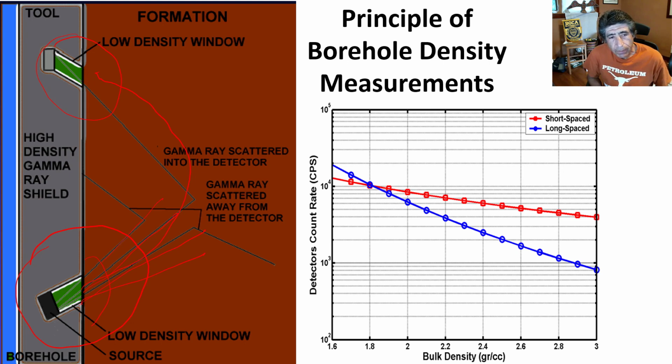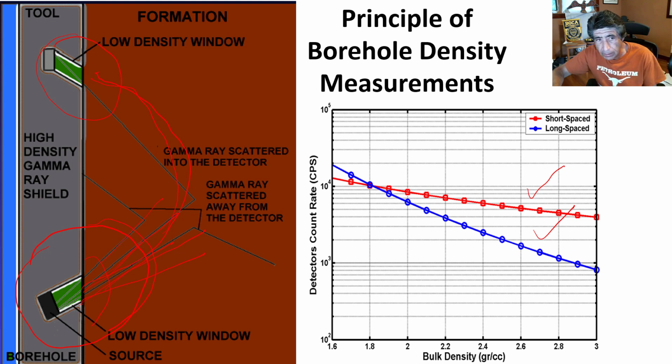A certain concentration of gamma rays makes it out of the cesium, the radioactive source here, and many of them are going to be absorbed, and eventually some of them will make it back to the sensor. The point is that the denser the material is, the lower the count rate that we're going to receive.